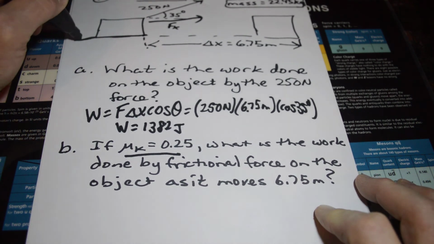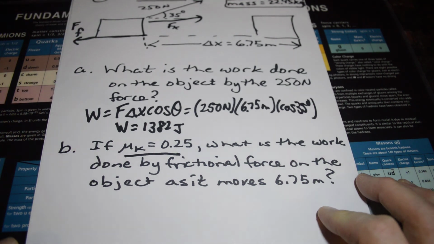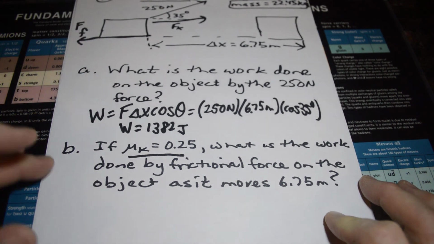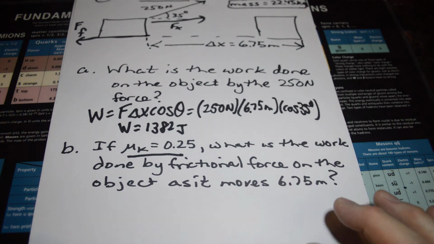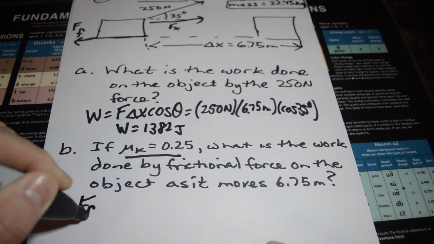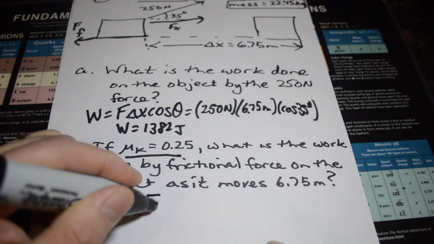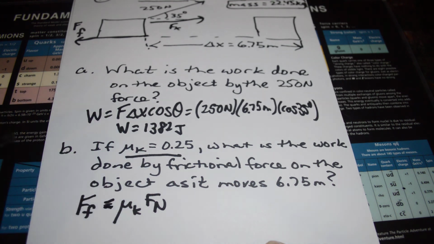The frictional force will act in the opposite direction as the force, so it probably would look somewhere on the surface like that. So in this case, you're probably going to have to figure out what is the amount of friction, and that will be equal to the coefficient times the normal force.